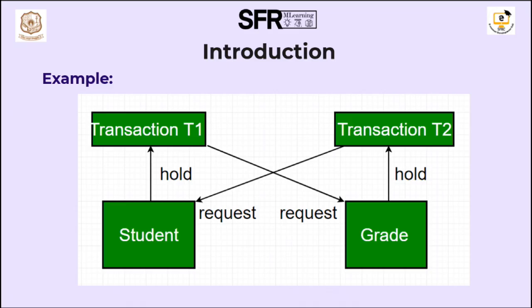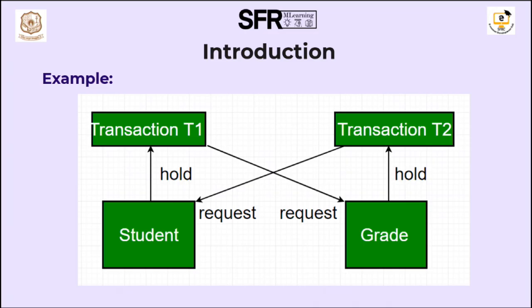Consider the following image as an example of a database transaction. Here we have two resources: the first one is student, the second one is grade. In this figure, we can see that T1, transaction 1, locks the resource student and needs the resource grade.